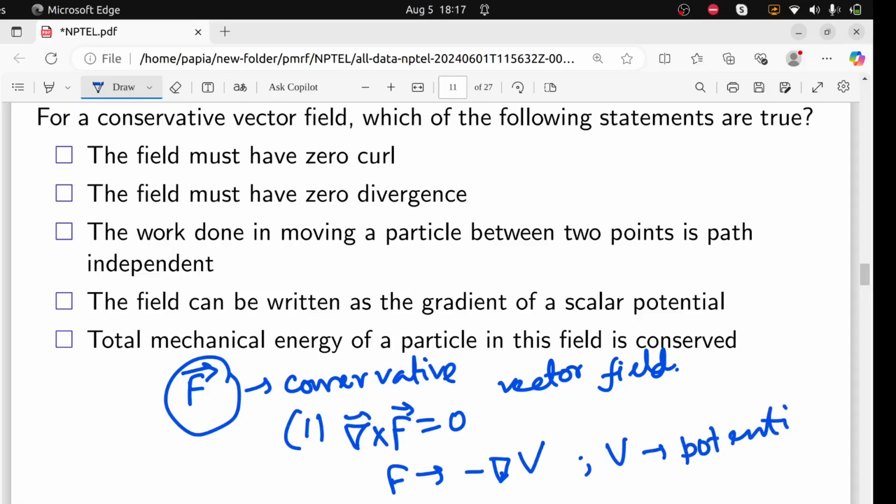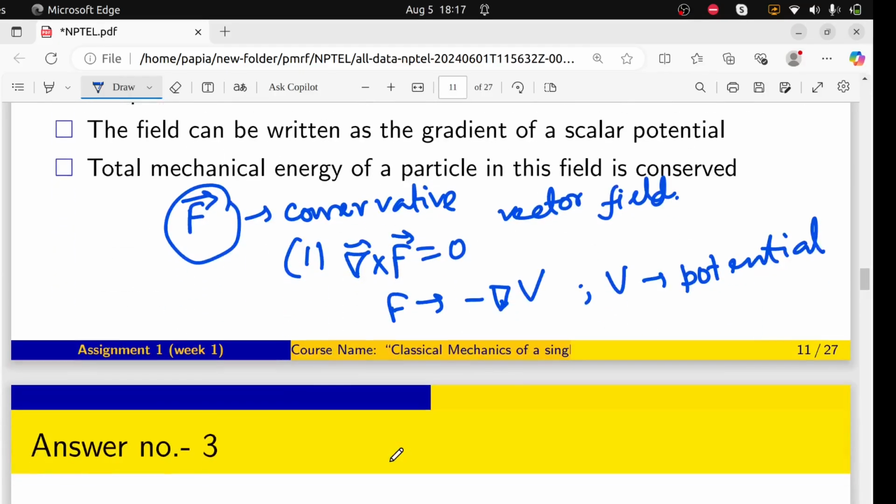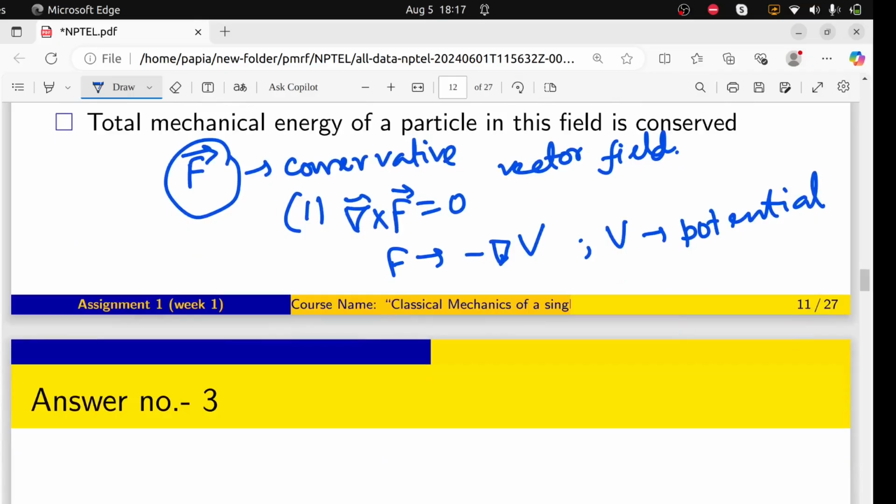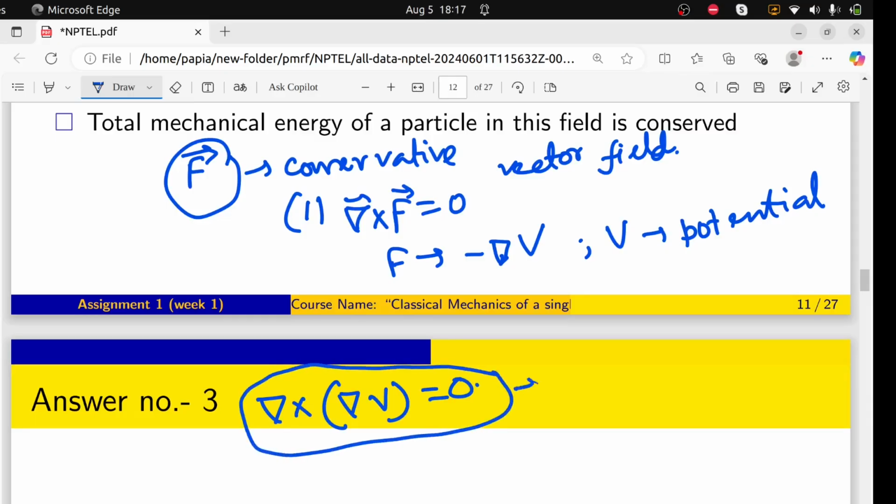How can we write it? I will tell this. Basically, curl of grad of any scalar will give us 0. That is simple vector calculus. So vector calculus is telling that curl of grad V should be 0.